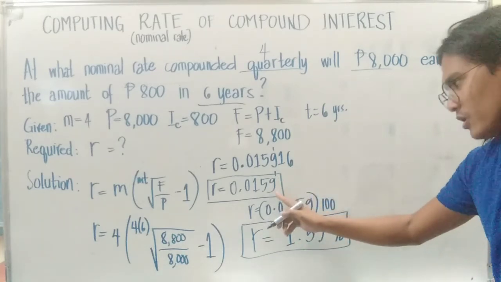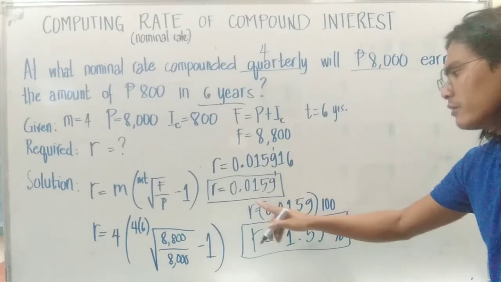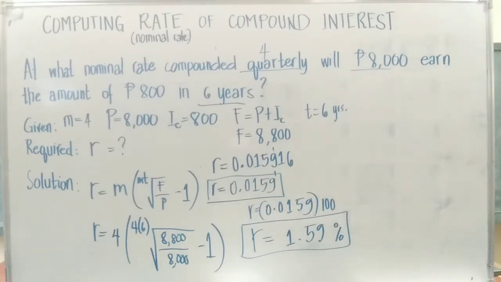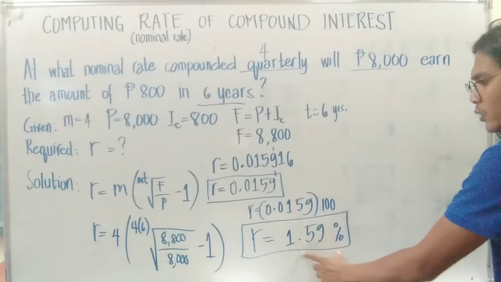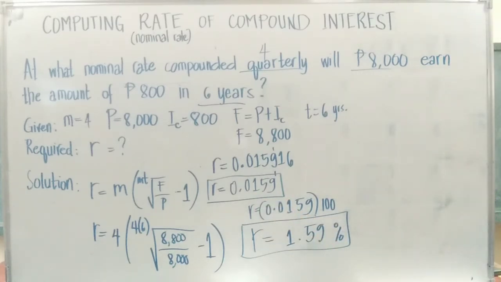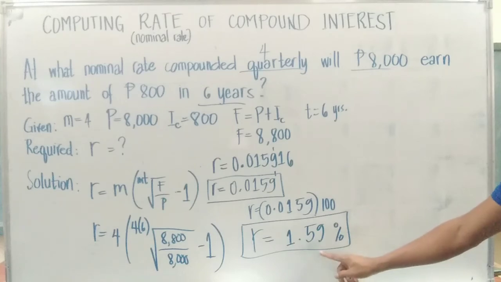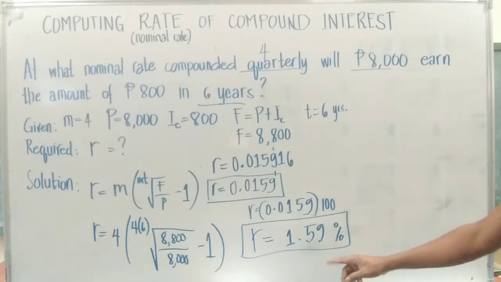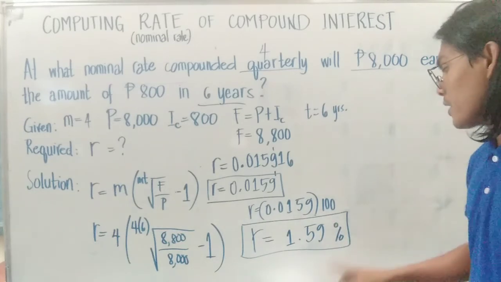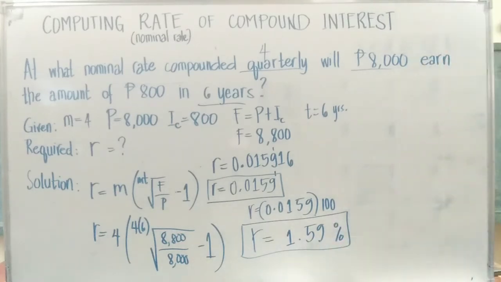So again, I will accept this answer, or it depends on your case or situation. But in the contextual situation of banks and institutions, you will see your rate in percentage form.